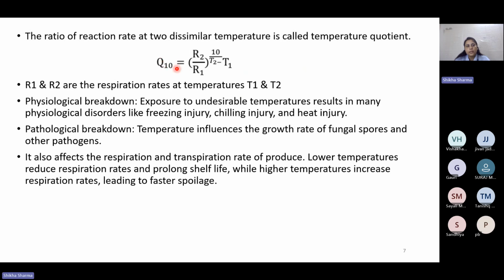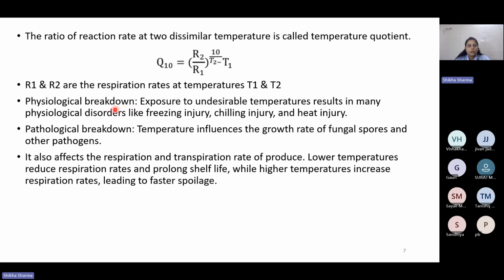It tells about the ratio of the rates at two dissimilar temperatures. R1 is at temperature T1, R2 is at temperature T2. So this temperature quotient relates the reaction rates R1 and R2 with T1 and T2 respectively.